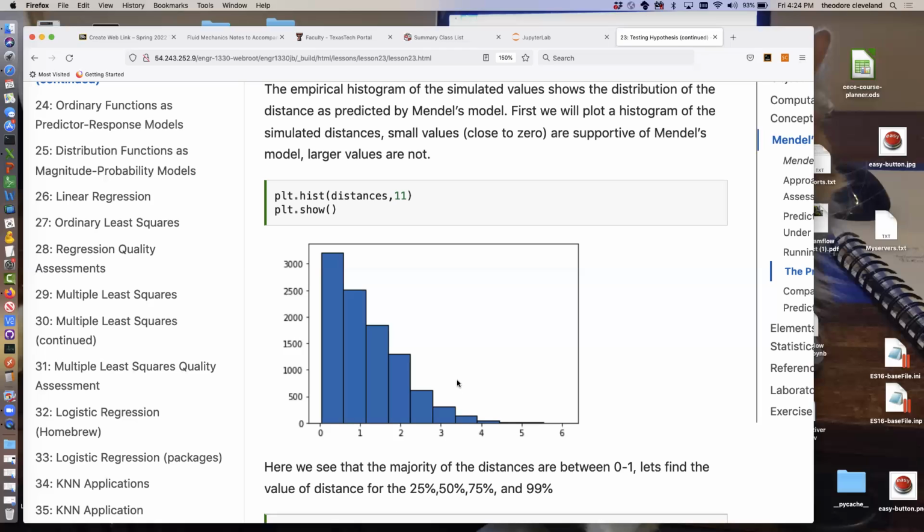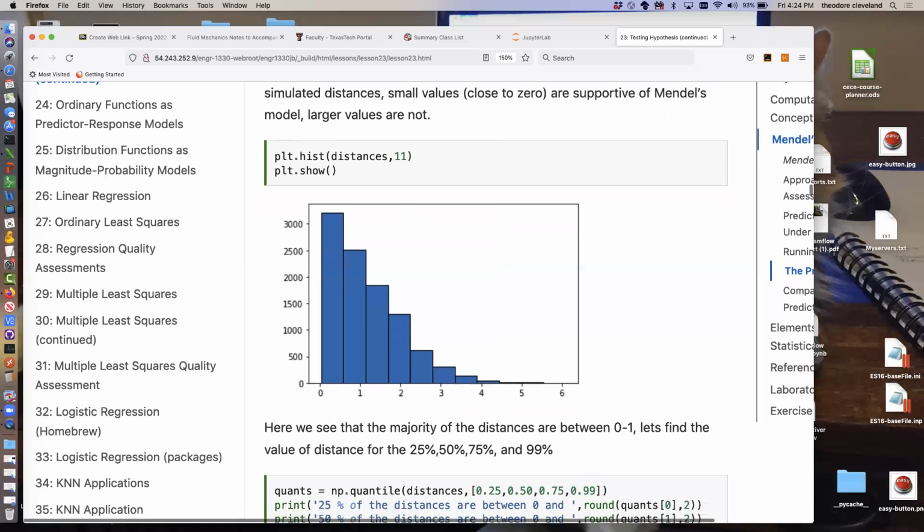So let's find the values for distance for the 25th percentile, 50th, 75th, and 99th percentile. So I just balanced this on my finger and decided that the balance point, which would represent the 50th percentile, should be pretty close to 1. I think it'd be a bit less than 1.